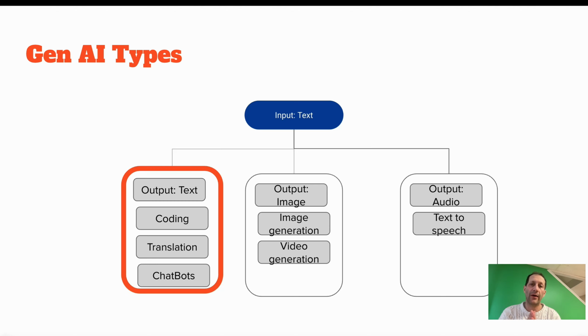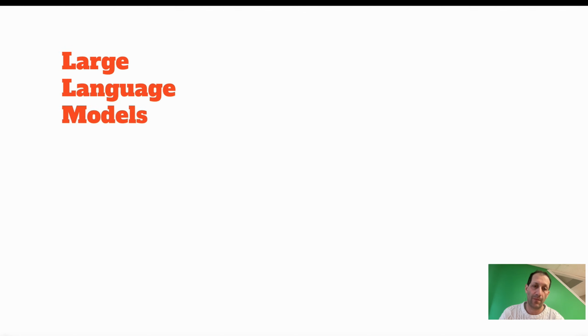What we're going to talk about in this course, the focus is going to be text to text generative AI. And I will talk about why I picked this one category, this type of generative AI, for the rest of this course. Well, the models that we use for text to text are called large language models.